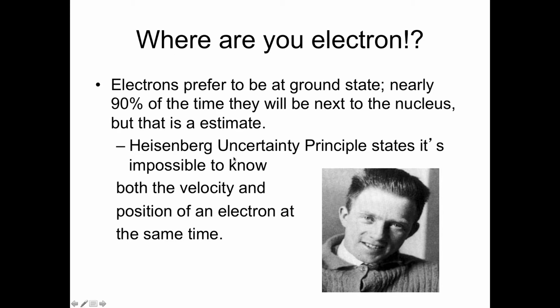He said it's impossible to know both the velocity and position of an electron at the same time. Like, I might know how fast the electron is going, but I can't know its position. I might know its position, but I don't know its velocity. I cannot figure out both. But he said about 90% of the time, those electrons would like to be next to the nucleus.